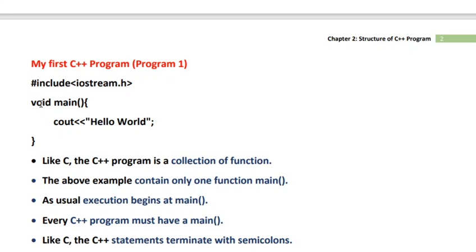So whenever main returns any value, it returns to the operating system kernel. Here void main means it is returning nothing to the kernel, or it can return an integer value. Just remember, any function by default returns an integer value. So if we do not specify void, the main function returns an integer value.